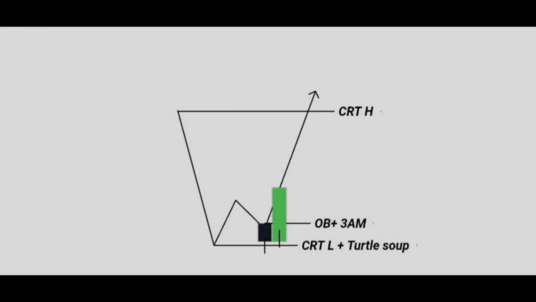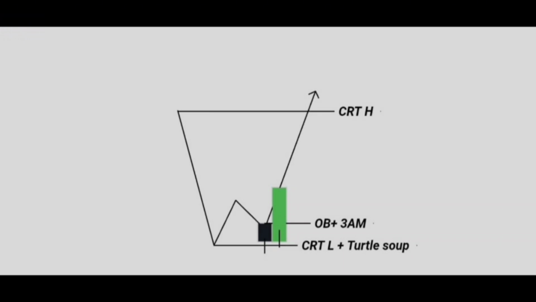And number two, let's move on. Number two is the last candle that takes out the old high or the old low. The first thing you want to pay attention to is the time the last candle takes out the old high or the old low. The last candle that takes out the old high or the old low is what you want to focus on.